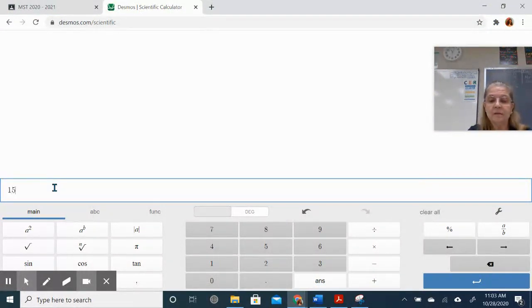I'm looking for $1,500 a month, every month for 30 years. And this is a way to know that I'm going to be safe and have enough money in there at the end to retire with. So I think I'm missing a zero here.